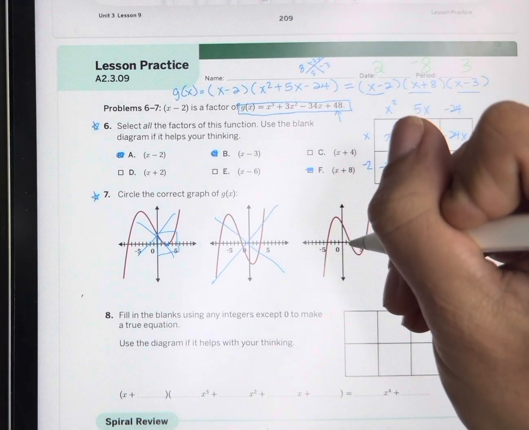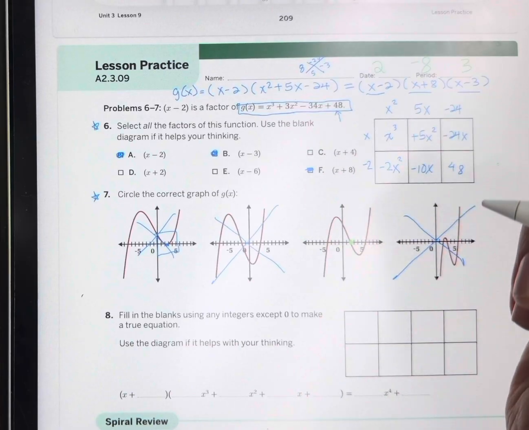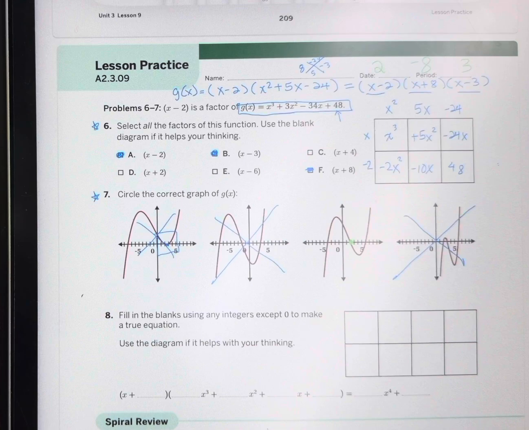So at 2, did I do something wrong with negative 8? Is it negative 4? Did I do this wrong? Eight times 3 is 24. 8 plus negative 3 is 5.